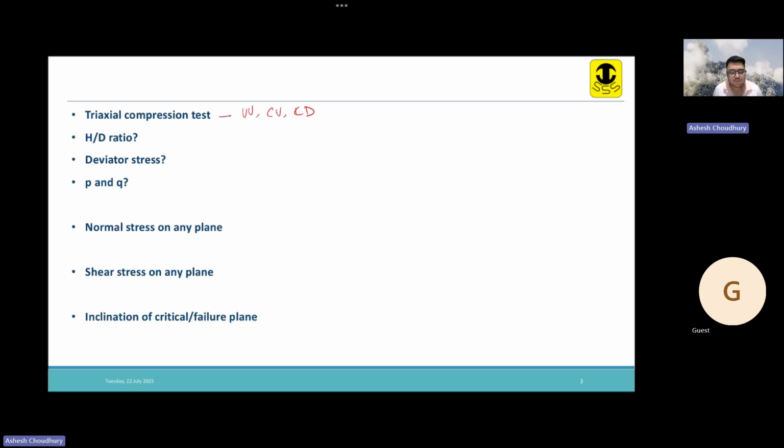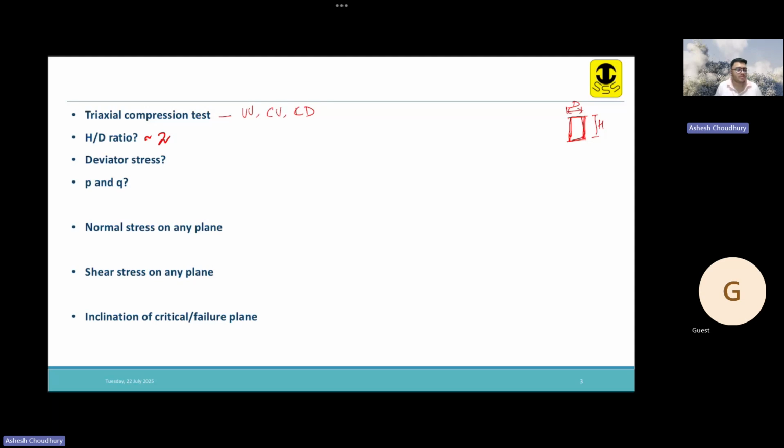Now, what is the H by D ratio of the sample in a triaxial test? We know that we have a cylindrical soil sample. The H by D ratio maintained in the soil sample is generally around 2.